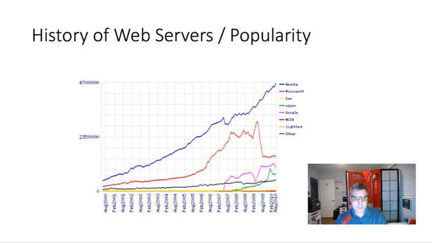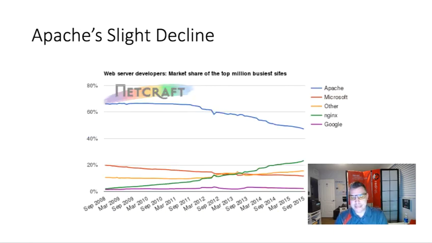And so we'll see here when we look at Netcraft, who does this analysis, looking at 2008 to current day, that Apache has slowly been on the decline. So now, as of September of 2015, which is now a year old, Apache had lost, it wasn't even about 50% of the internet. And as we see here in the green, where Nginx in 2008 barely existed, Nginx, at least a year ago, had about a little over 20% of the market.